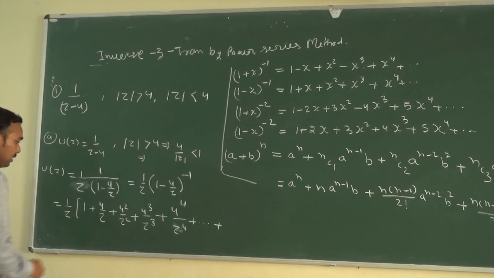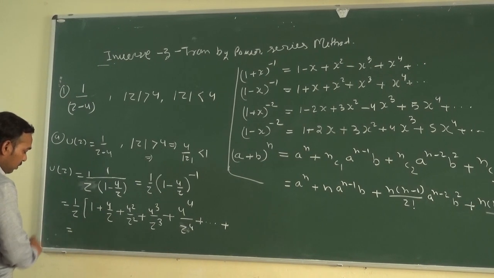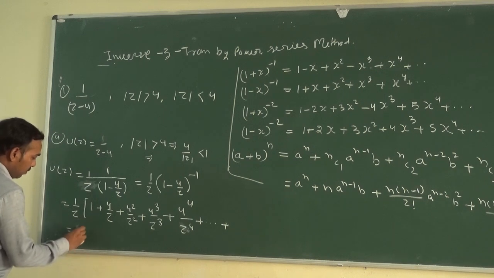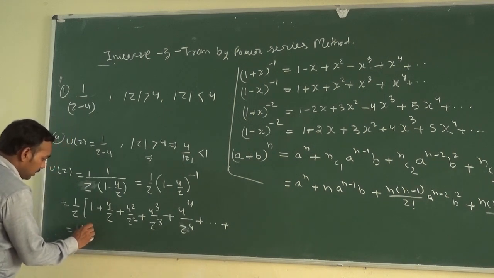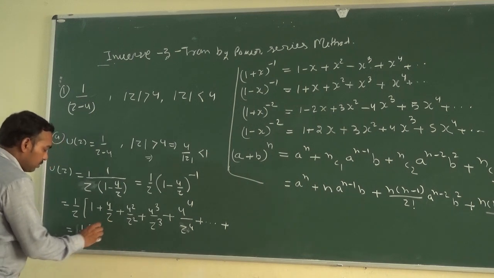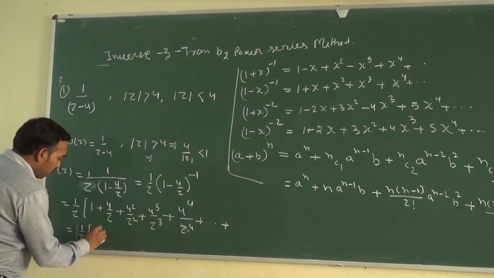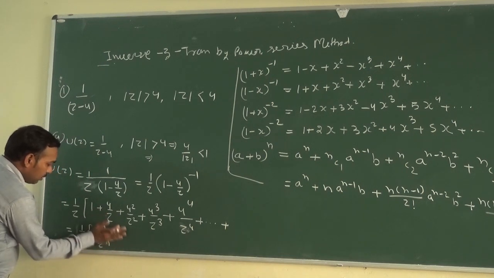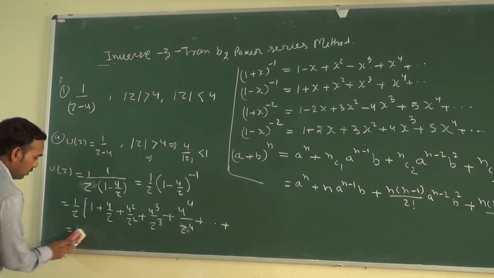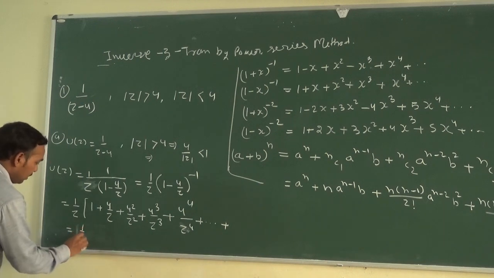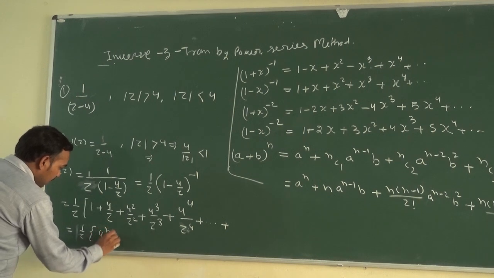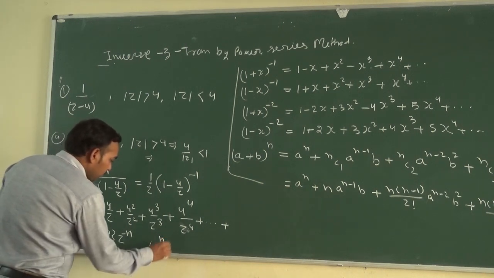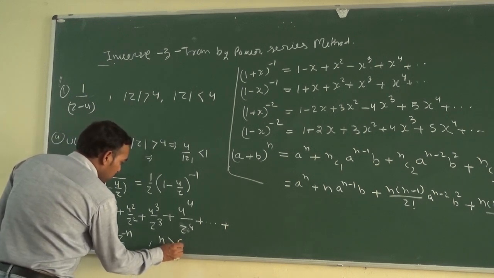Or simply we can write this as 1 upon z times the sequence 4 to the power n z to the power minus n, for n greater than or equal to 0.